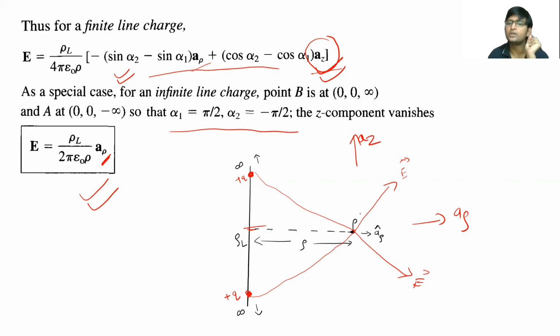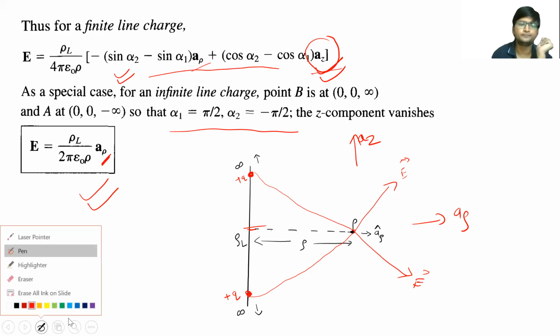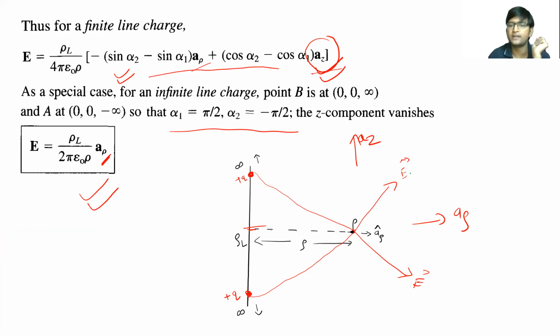So can you tell me about the components of the electric fields? Let me call the upper one E1 and the other E2. One component of both of these electric fields will be in the rho direction, which is the arrow direction. And the other component will be in the z direction, which is the az direction. Let me call these E1z and E2z.